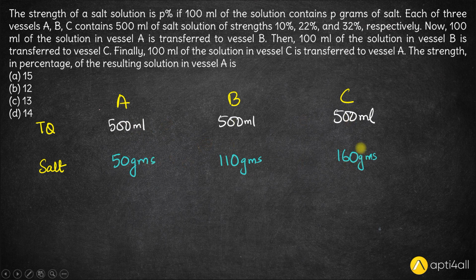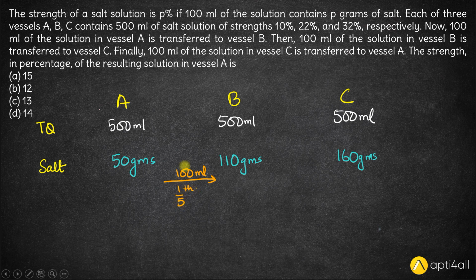Now what is happening is, first 100 ml of solution in A is transferred to B. Now if 100 ml out of 500 is transferred, that means 1/5 is transferred, right?